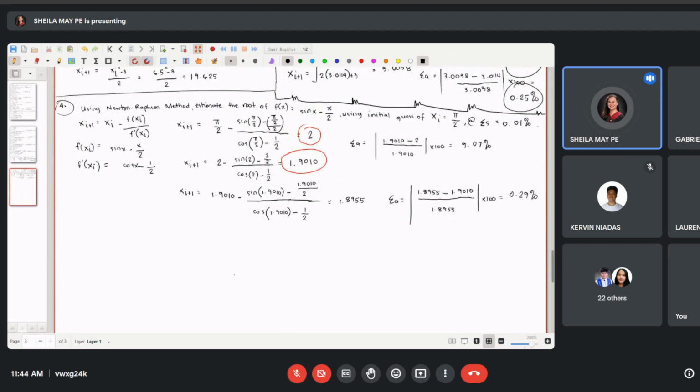Now for the fourth, sine of x minus x over 2, divided by cosine of x minus 1/2.